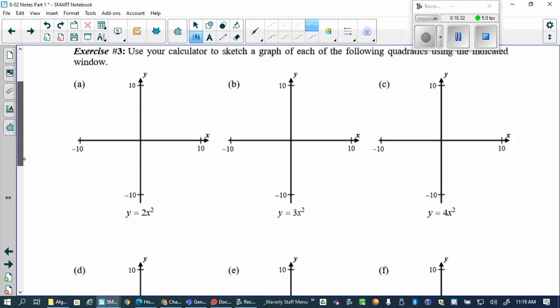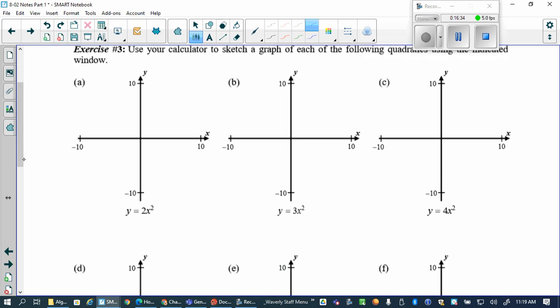Okay? So let's look at doing some more stuff to it. Now we have a few more. What I want you to do is on your notes, you're going to sketch these all separately. Listen to me. Everybody stop. All 6 of these, I want you to put on the same graphing window so you can compare them all.